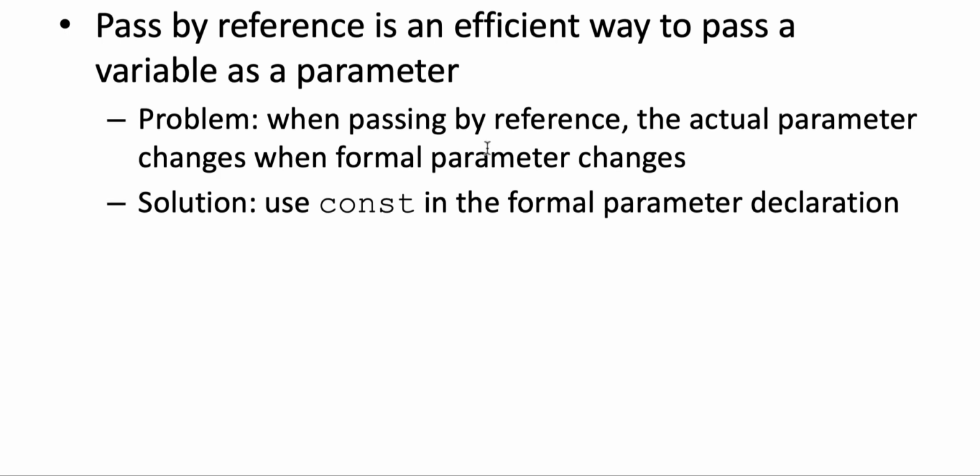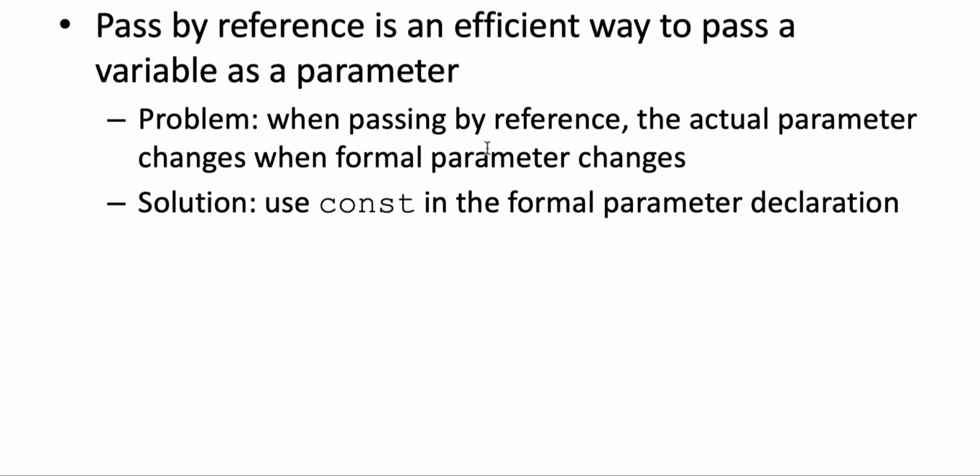On the other hand, if a variable is passed by reference, the formal parameter receives only the address of the actual parameter. Therefore, an efficient way to pass a variable as a parameter is by reference. If a variable is passed by reference, then when the formal parameter changes, the actual parameter also changes.